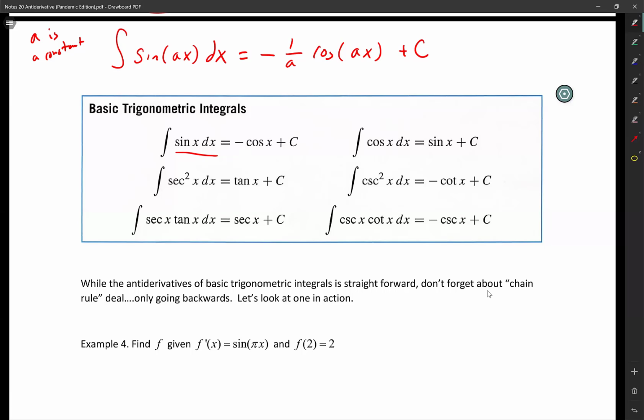I'll do one more. Integral of cosine ax dx equals 1 over a sine ax plus c. You can do it for all of them the same way, but I just decided to do those two.